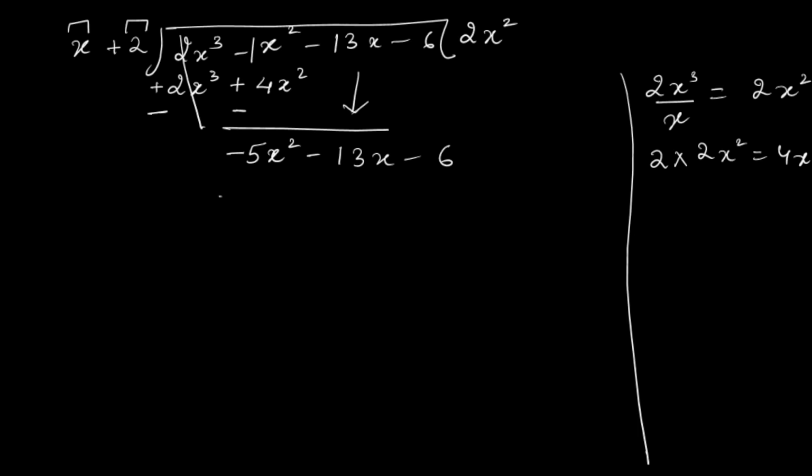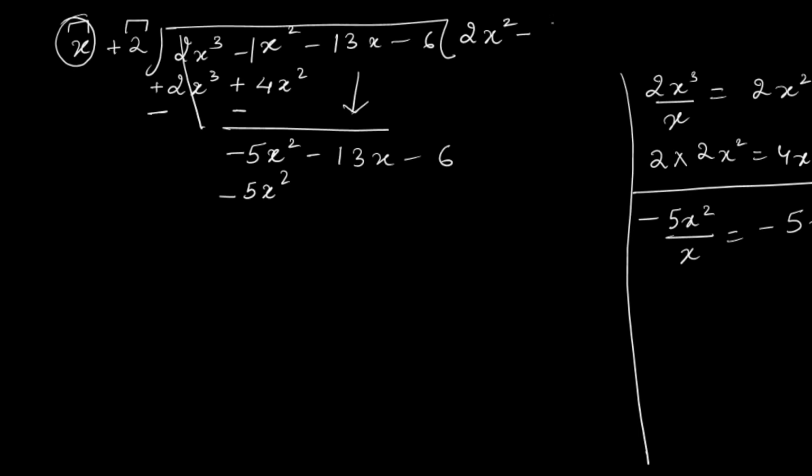Minus 5x square, the first term, we write as it is. Then we divide it by the first term of the divisor, x, and we get minus 5x. Minus 5x we write in the quotient. Now minus 5x multiplied by the second term, 2, is minus 10x.